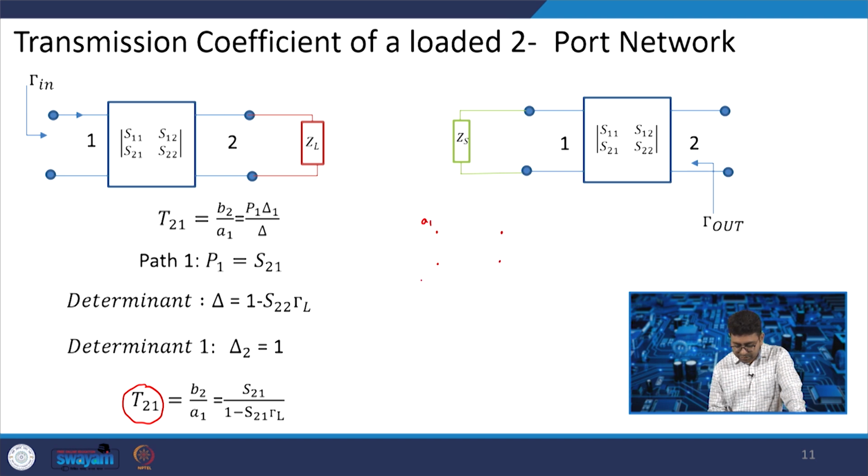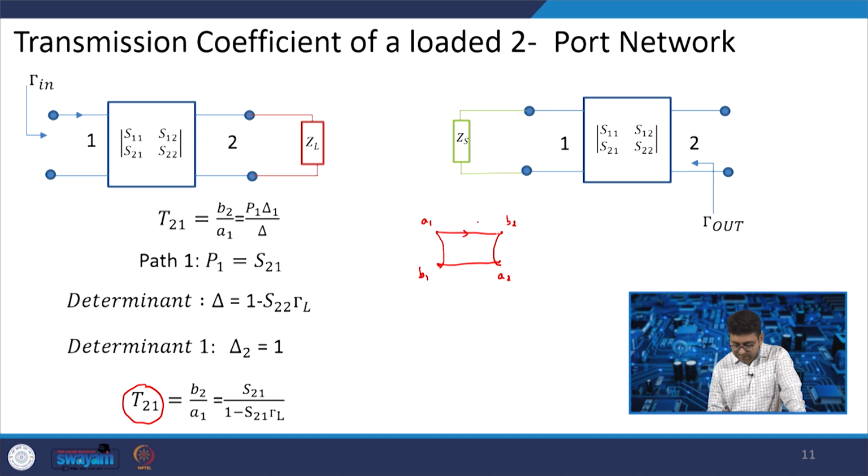So, if we try to draw the network, this is A1, B1, B2, A2. These are the nodes.